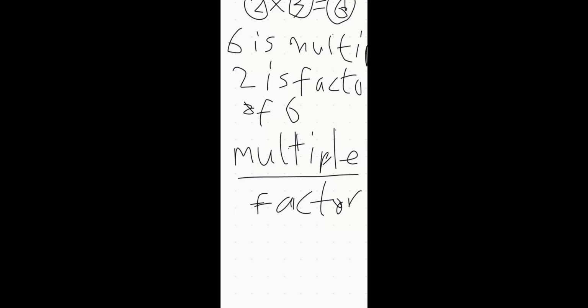When you divide even numbers by 2, you will always have a remainder of 0, then full stop.